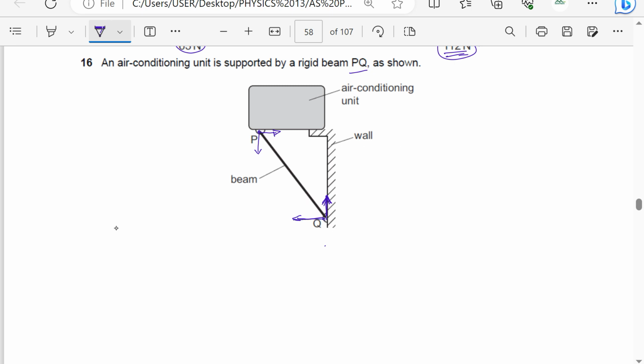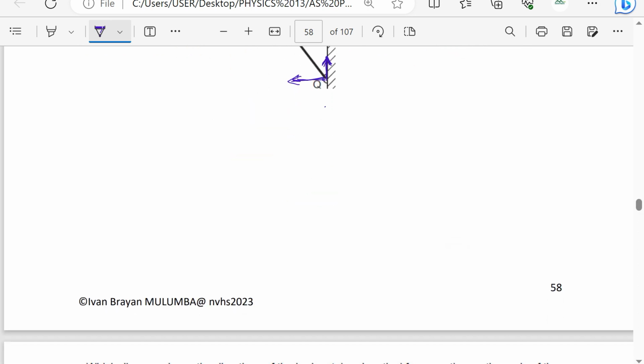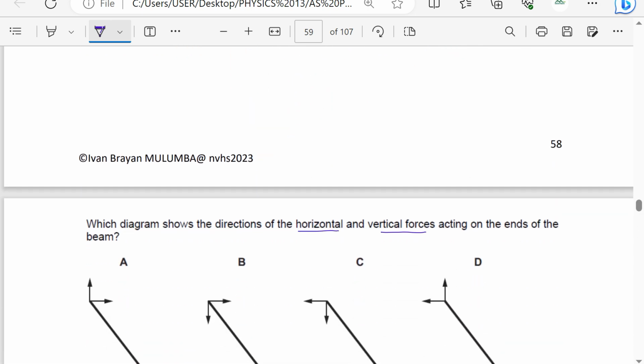Of course, this is the normal reaction. There is a possibility of the beam sliding away in this direction, so friction acts in the opposite direction. So the vertical forces, one is upwards, one is downwards, and the horizontal forces, one acts to the left at the bottom, and one acts to the right at the top. So the answer is going to be B.